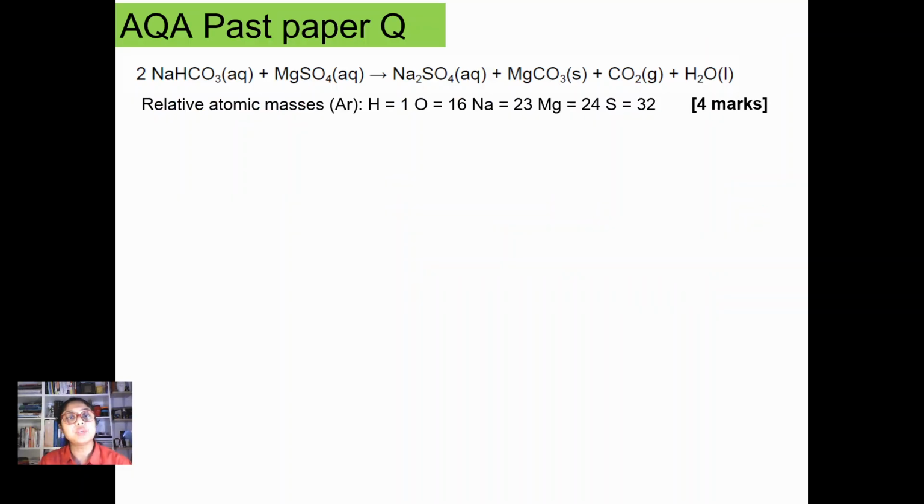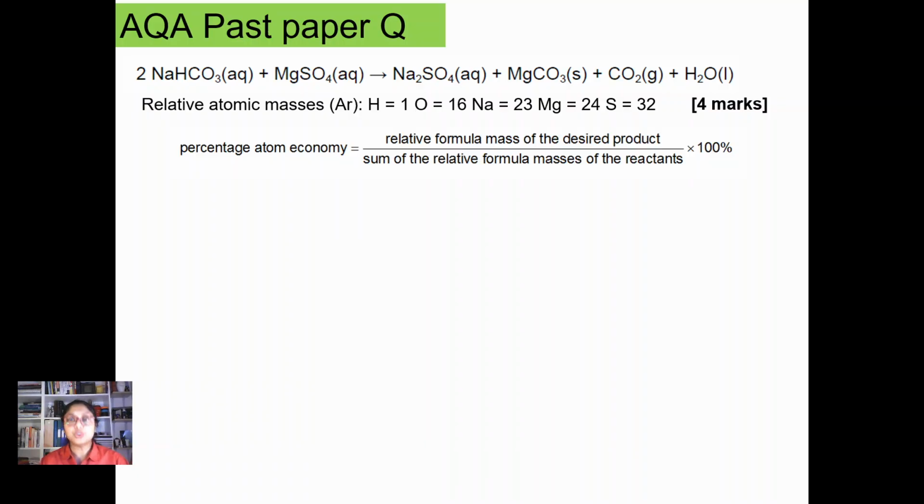Here I've kept the equation on the top so that we can look at it during calculation. The relative atomic masses, or RAM, are given there. So the equation for percentage atom economy is the relative formula mass of the desired product over the sum of the relative formula masses of the reactants, times 100, because you are calculating a percentage.